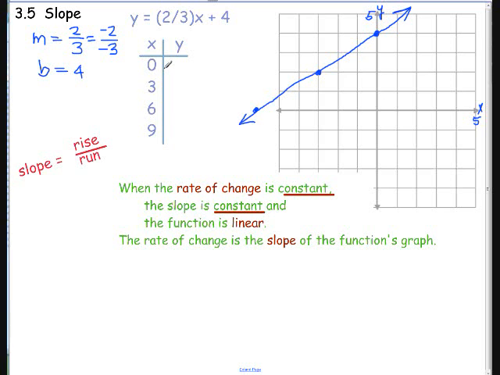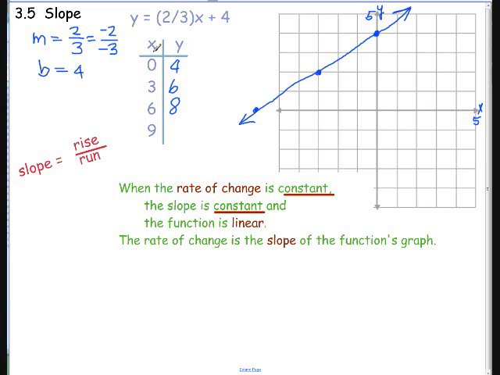What is the value of y when x is 0? That's right here. It's 4. What is the value of y when x is 3? That would then be 2 plus 4, or 6. What is the value of y when x is 6? That'll be 4 plus 4, or 8.